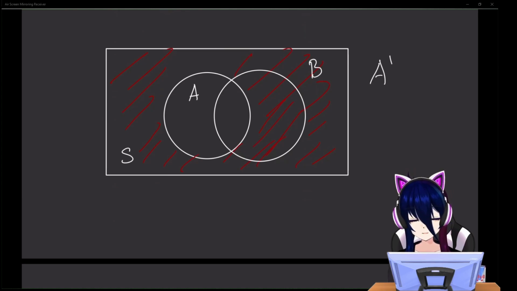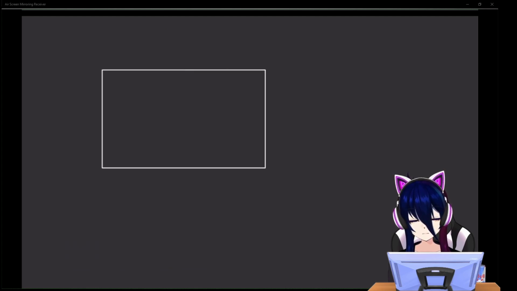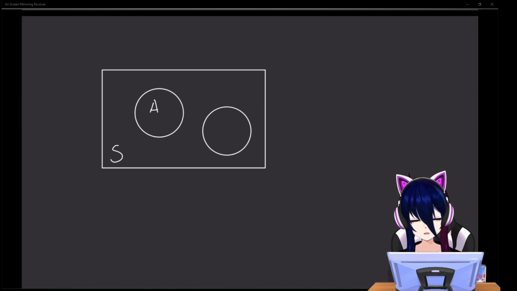Alright, but what if, let's look at another situation. S again. A and B. This time, they're not even touching. They don't intersect at all. They share nothing.